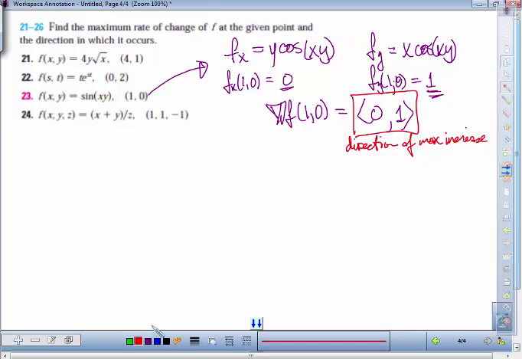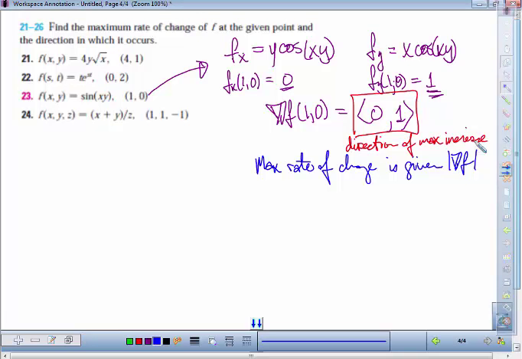Now, to actually find the rate of change, all we have to do is find the magnitude of our gradient. We don't have to go through all that work anymore of finding directional derivatives and putting the directional derivative formula to use, because we know that the maximum increase is actually going to be the magnitude of the gradient.